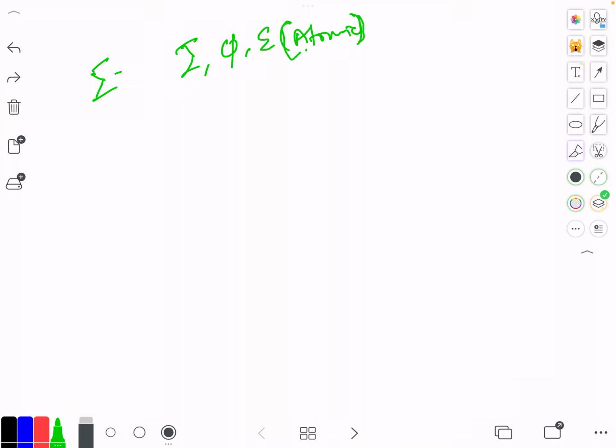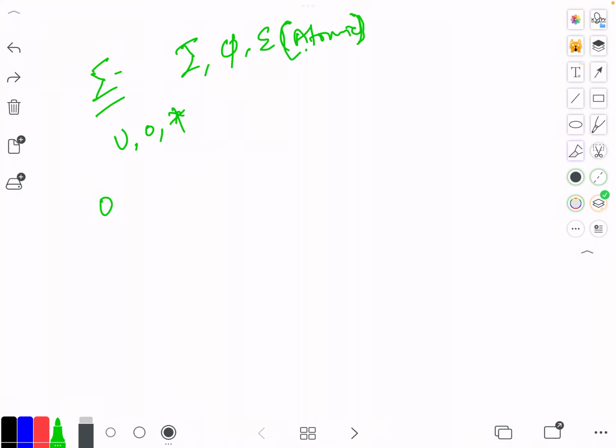All these regular expressions are built from sigma and the operators such as union, star, and concatenation.